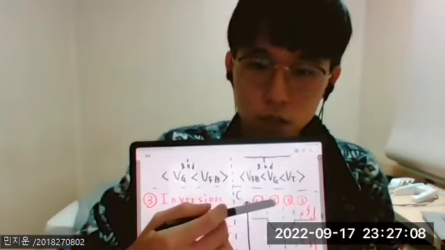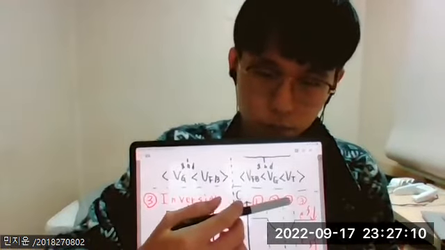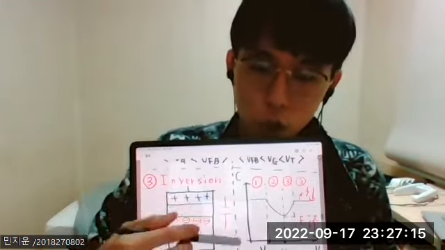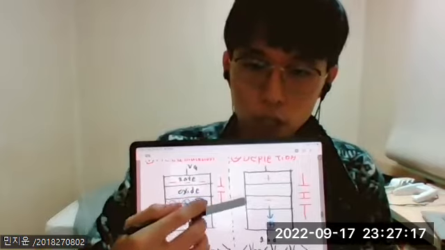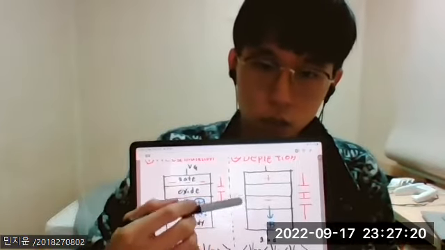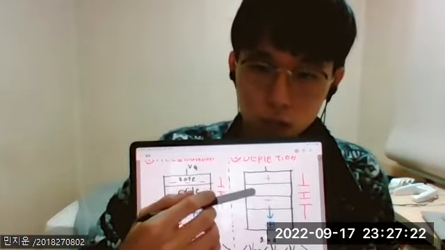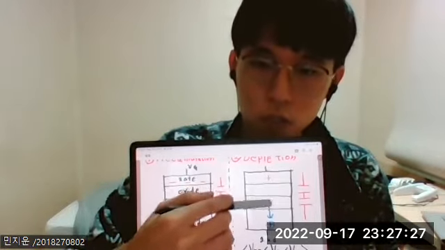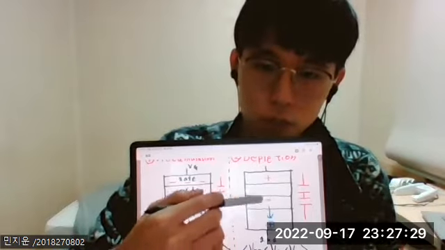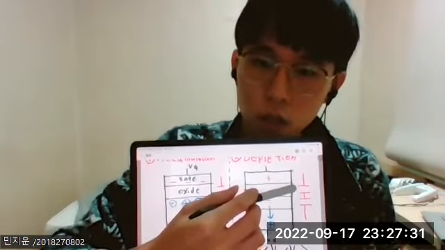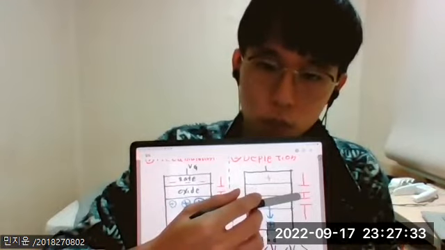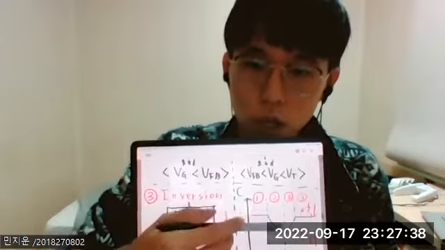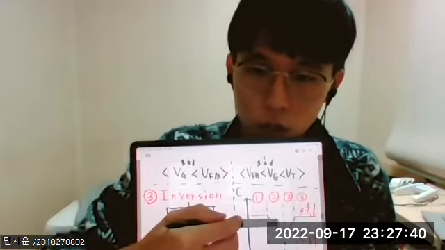And next, at depletion and weak inversion, the C total is low, because when the depletion region occurs, the capacitance is in series, capacitance of oxide plus capacitance of depletion. So total capacitance is lower.